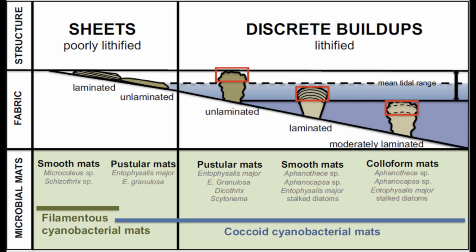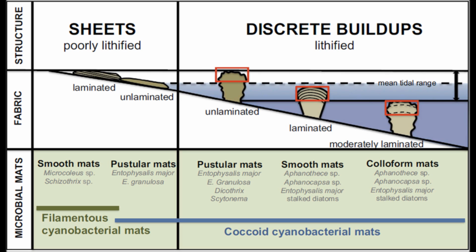This is a brand new model for stromatolite growth based upon the Playford model. We've identified that there's a difference in microbial structures in Hamlin Pool. Some of the microbial mats are just forming sheets.